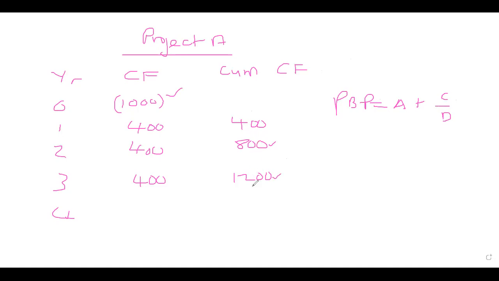The 1,000 is between what? 800 and 1,200. So this is our A. Where there's A, we put what? 2 years, or 2. Then if you want, we can call this B, C and D.